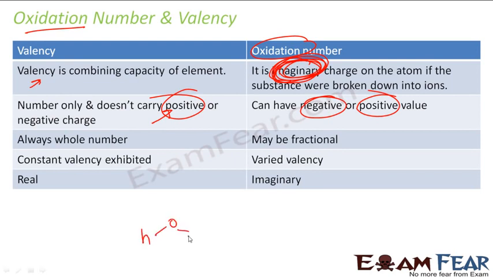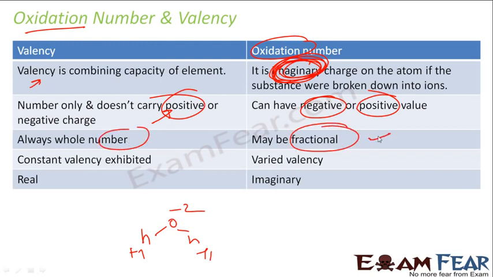For example, in water, this one is positive and this one is negative. Valency is always a whole number. Oxidation number may be fractional. We'll see this in later examples where we will have fractional oxidation numbers. The valency is always constant, and the oxidation number can vary.